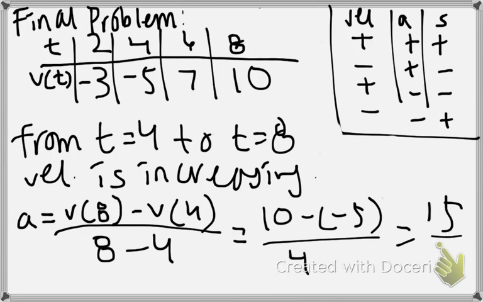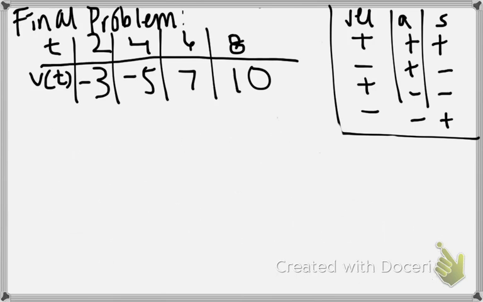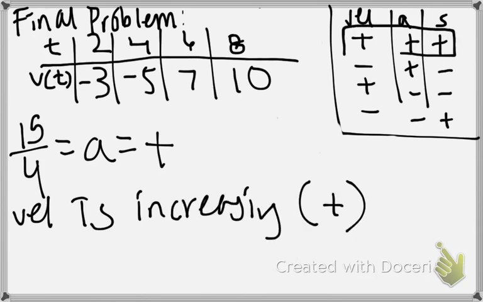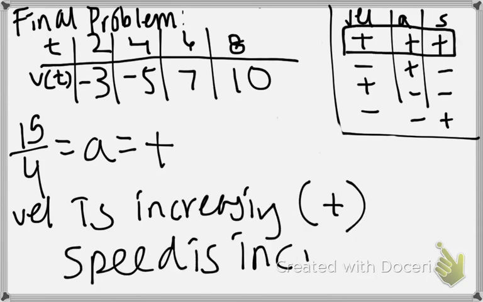And what you get is 15 over 4, which shows that the acceleration is positive. So you line up a positive velocity and a positive acceleration. As I said, 15 over 4 is positive and velocity is increasing, so you use the table to line it up. Speed is increasing.